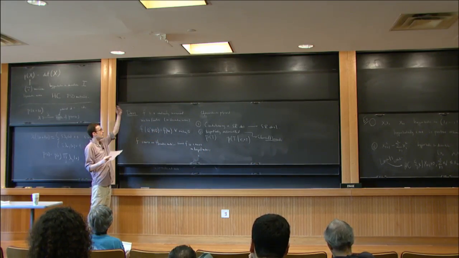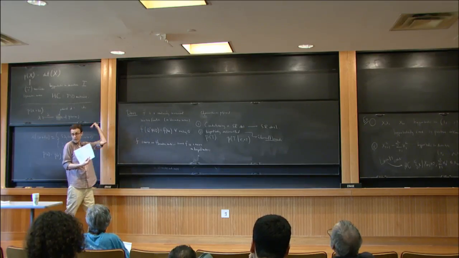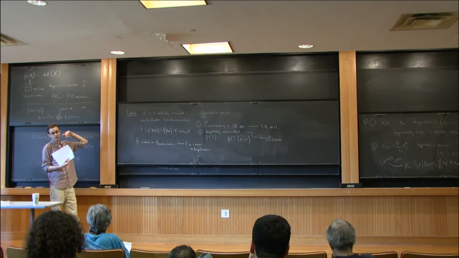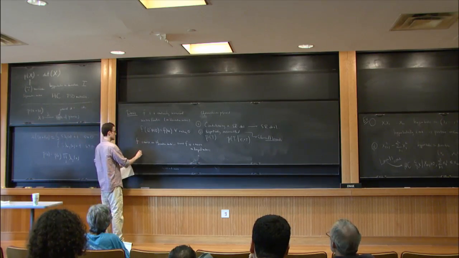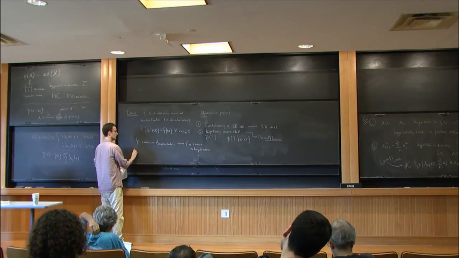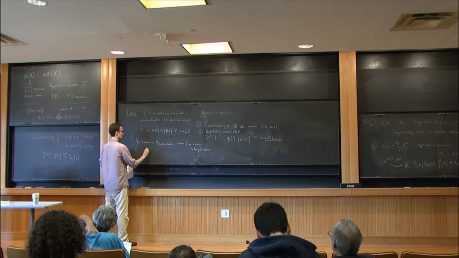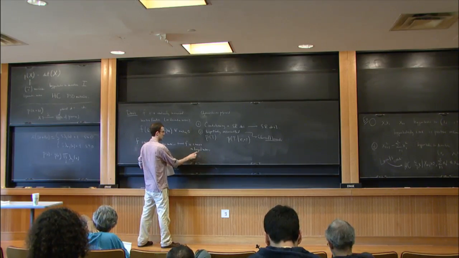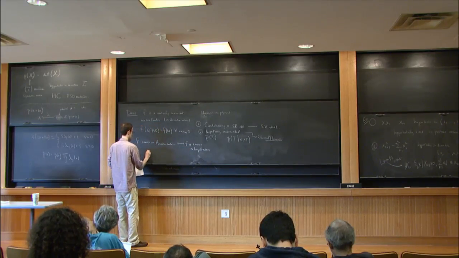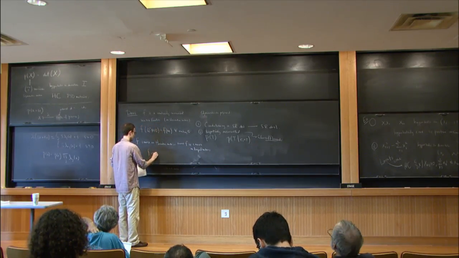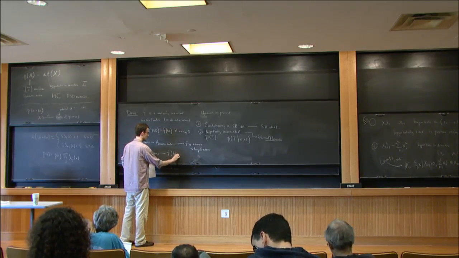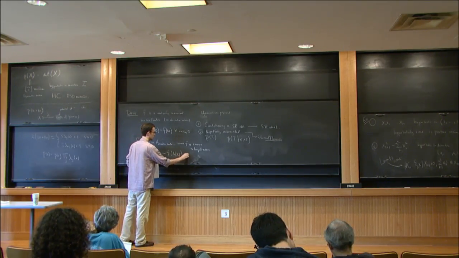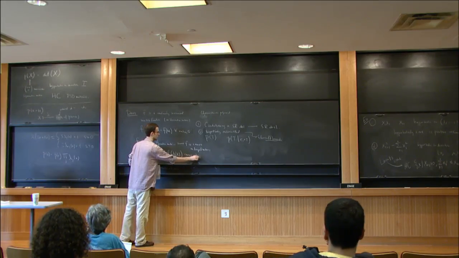So essentially, if F is a convex function, period, then F of lambda of X is a convex function. It says F convex implies F of lambda of X is convex. Well, the other direction is a non-trivial one.